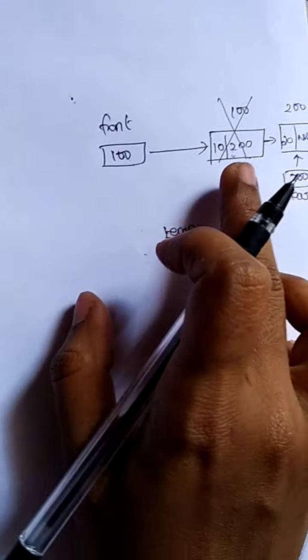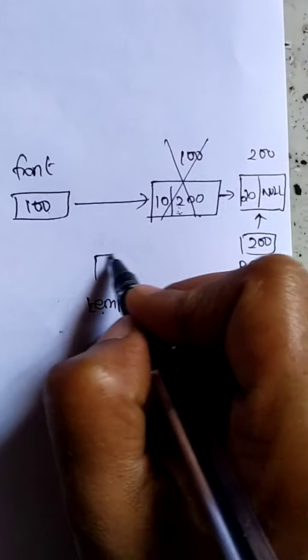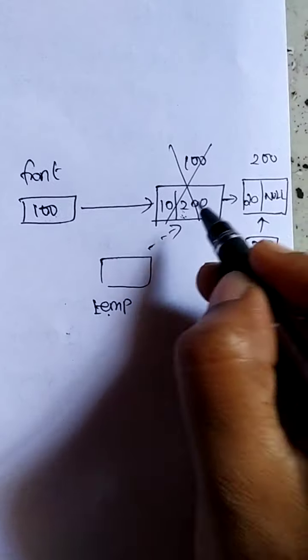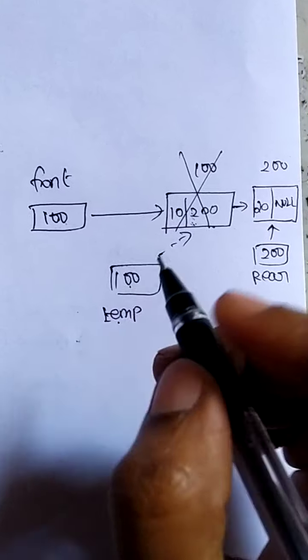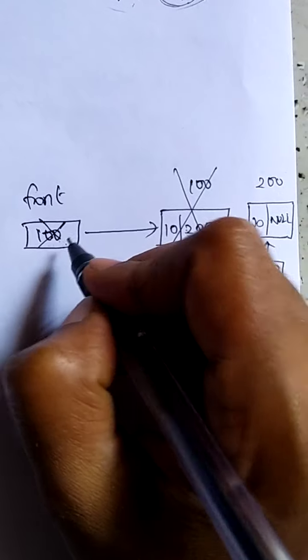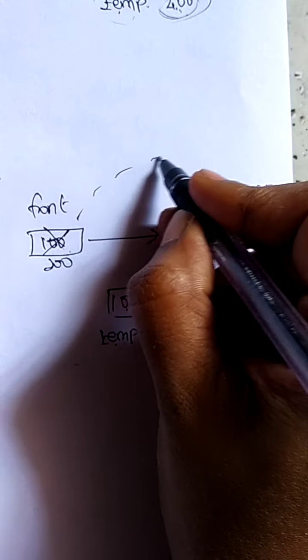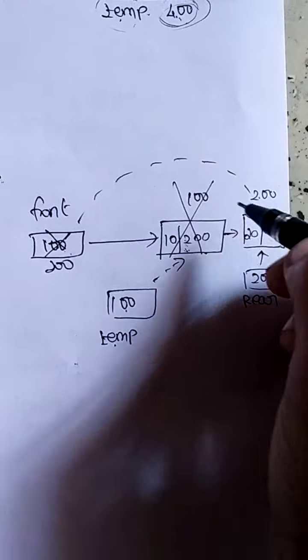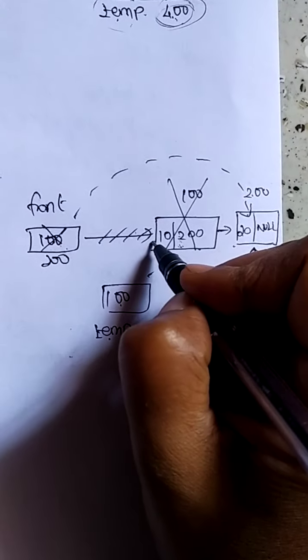So what are the changes I have to do? First I have to create a temp pointer. That temp pointer should also point to this node, so that it will be having the address 100. Now I want to make this 100 to 200, that is the next node, so the front will be pointing to the second node, not the first node. So this will be dereferenced.